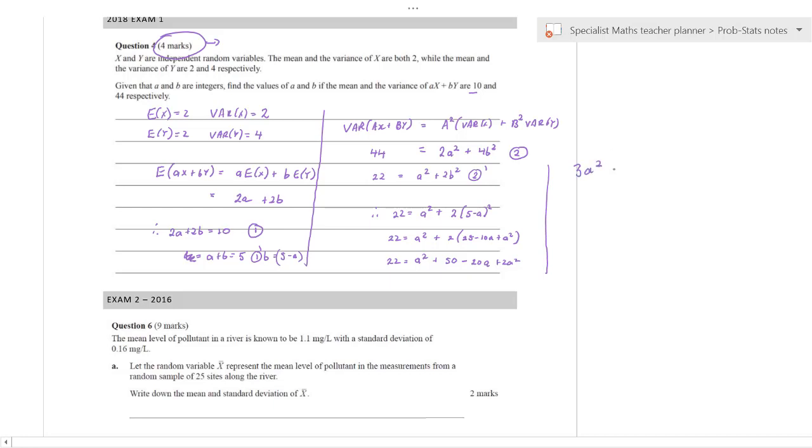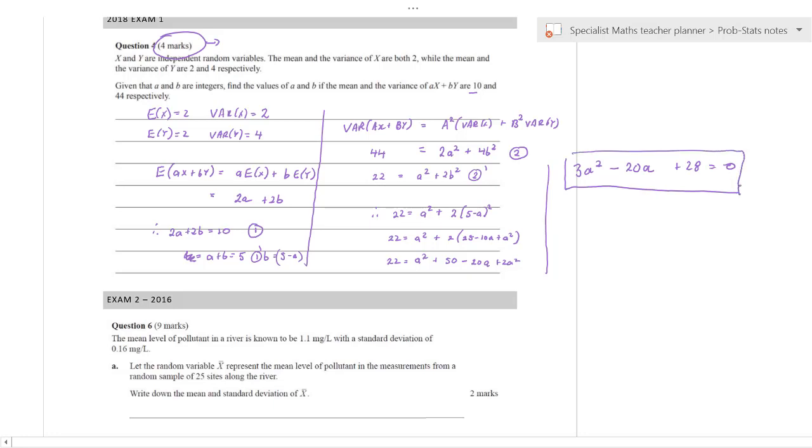3a squared minus 20a plus 28 is equal to 0. So we want to solve for this.